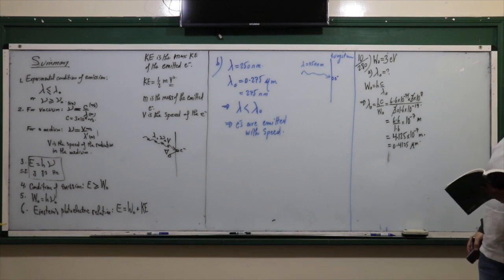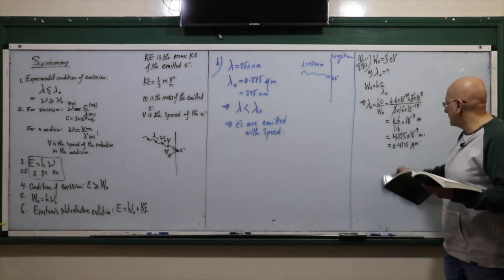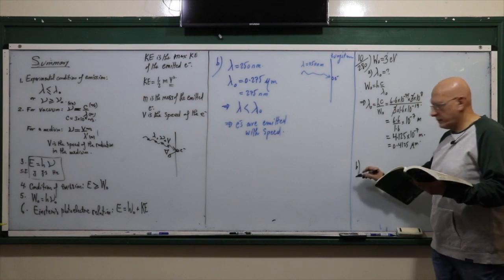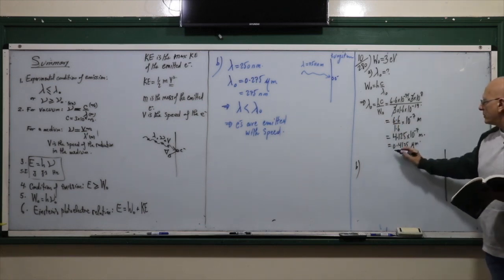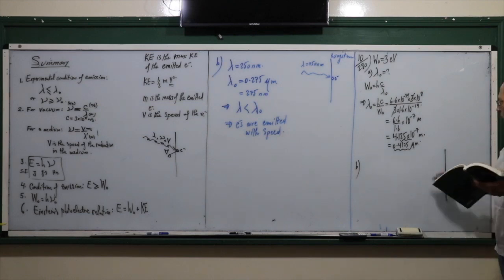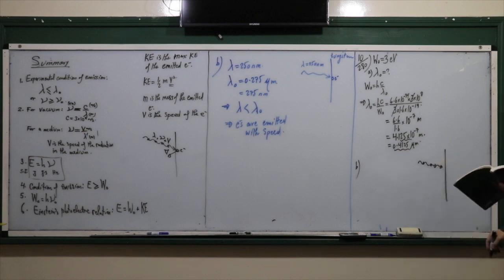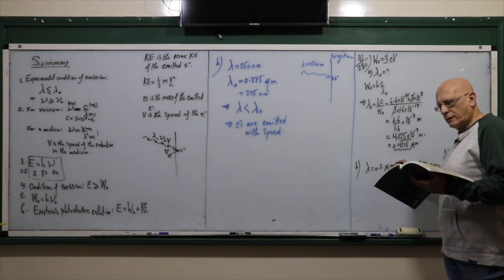Determine the speed of the extracted photoelectrons when the metal is illuminated by ultraviolet radiation of this wavelength. So this is the metal, it has this lambda node, and you illuminate it with radiation of lambda equals 0.2 micrometer.